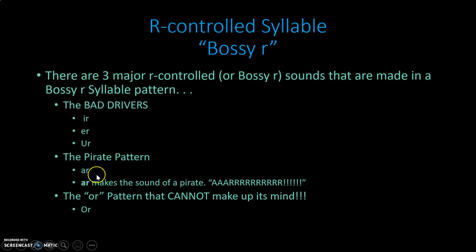There's AR, which I call the pirate pattern because these two letters, A-R, love to get together and play pirate, and they say R. And then there's OR, the OR pattern that cannot make up its mind. So when you see OR standing together in a word, what do they say? OR. That's right.